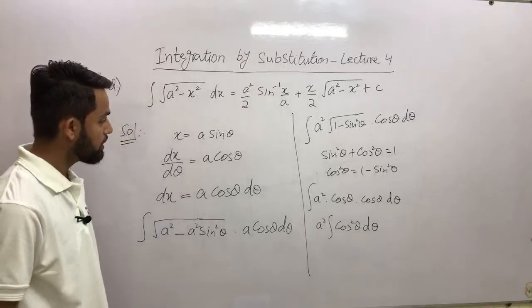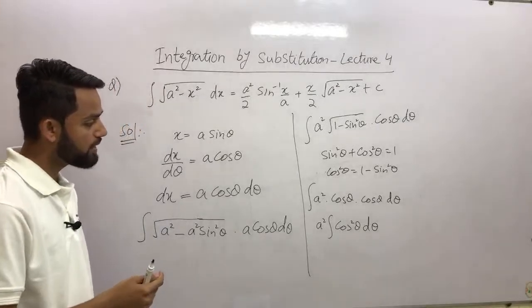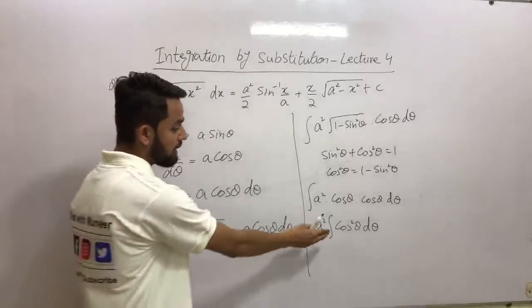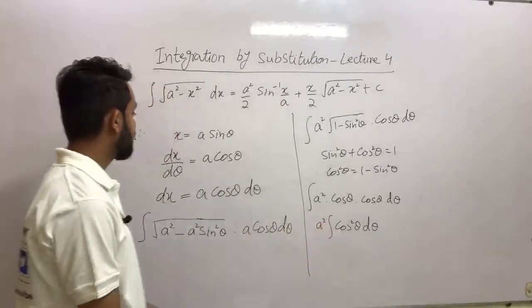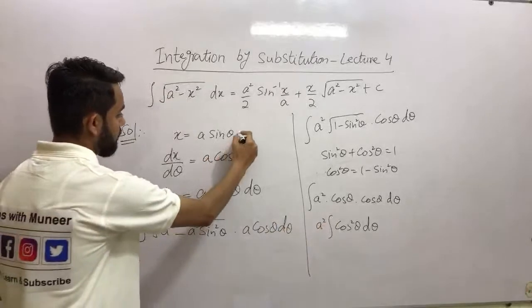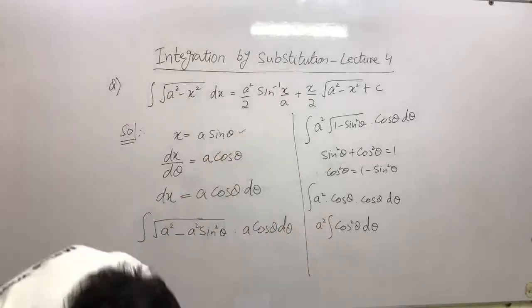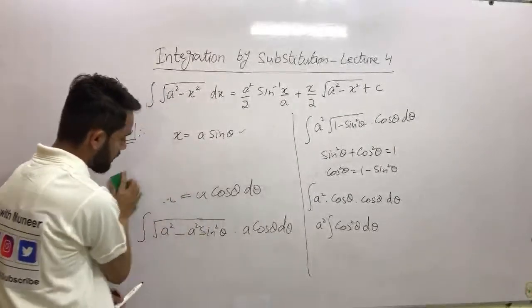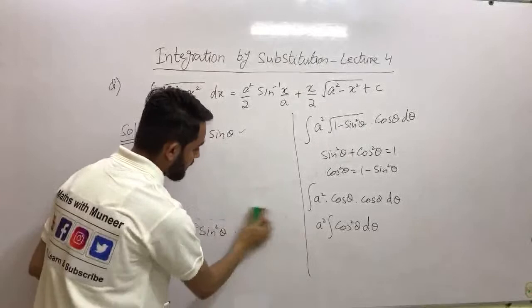So what we are going to do here is use the double angle identity formula in order to get the value of cos square theta. I will not be erasing this first step because we are going to need it in a later part, and yes, we can erase all that.